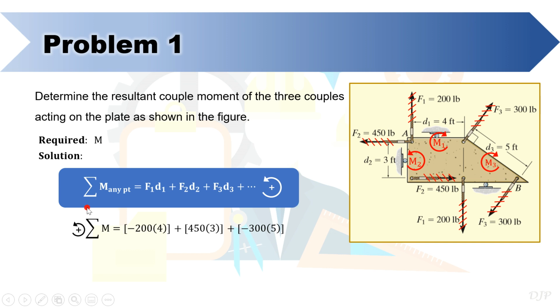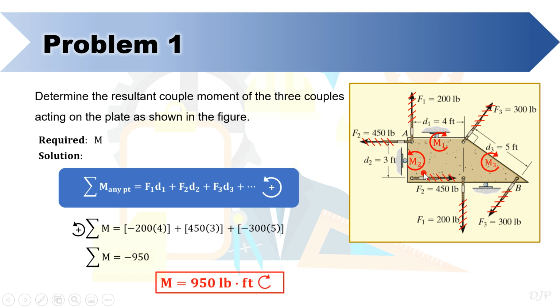By summing algebraically all the couple moments, we now obtain a total value of negative 950. Therefore, the total couple moment in this system is just equal to 950 pound-foot clockwise direction. This means that in your drawing, you can replace the three couple moments by their resultant.